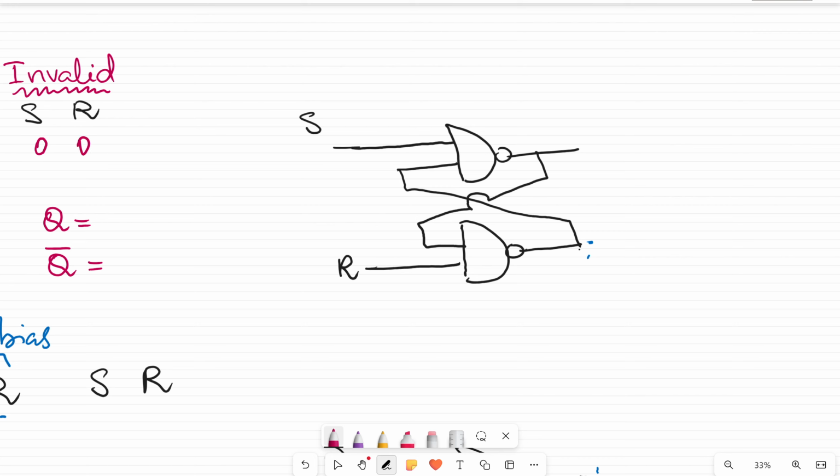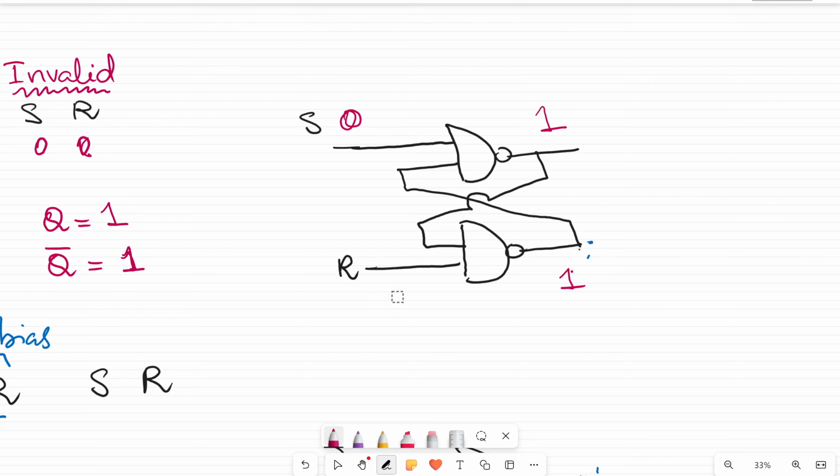So if I put 0 here and I put 0 here, this means that both outputs will be 1, which is not according to the Boolean law, क्योंकि both NAND gates will try to produce the 1 key output, and as Q bar should not be equal to Q, this means that this is an invalid state.